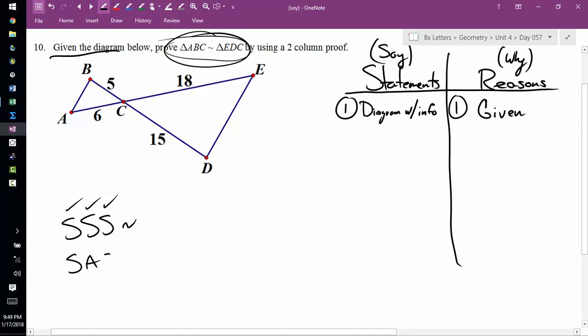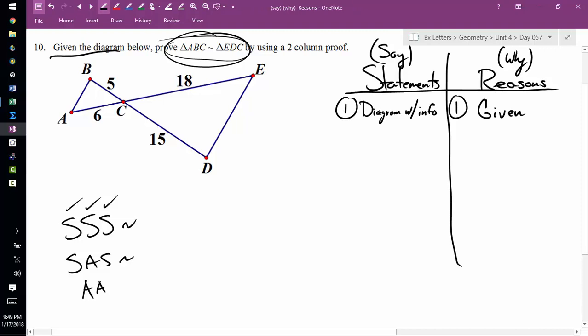We have side-angle-side, which is you're going to get two sides, and then the angle in between those two sides, they got to be congruent. And then the last one is angle-angle, and that's just, can you match up two angles in here to two angles in there? Like, do you have reasons for saying that? If you do, that's the easiest method.